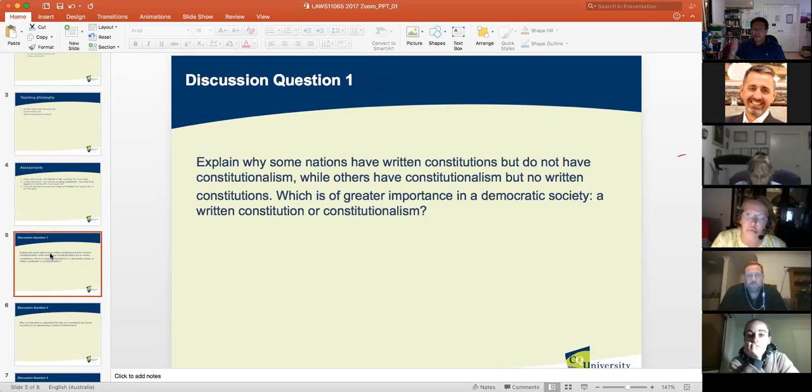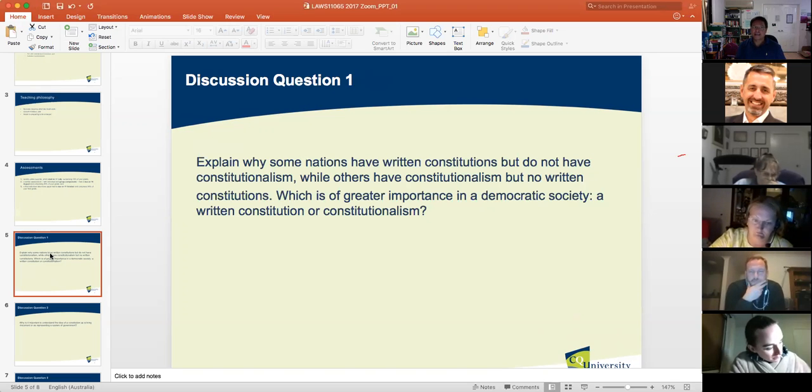So for example, if you remember South Africa, apartheid, which was the national policy of racial segregation, was actually rooted in a written constitution. So in other words, a written constitution can become the instrument for racial discrimination, or an instrument to enable a dictatorship.